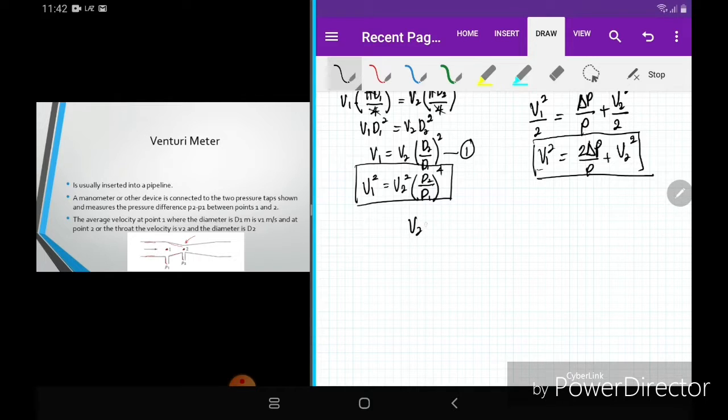Okay, then your v sub 2 squared times D sub 2 all over D sub 1 quantity raised to the 4th power is equivalent to 2 delta P over density plus v sub 2 quantity squared. Okay, then pwede natin i-transpose, or pwede rin ito i-transpose natin sa kabila.